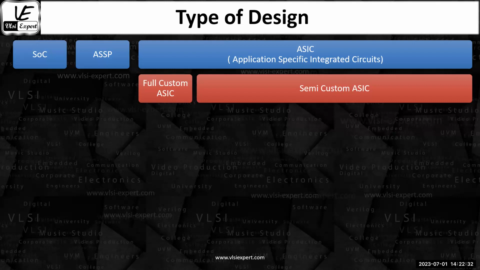I just want to achieve a particular logic functionality with the current and voltage, and I will achieve it in my layout in that particular design. So fully custom means everything you customize as per your requirement. That type of design is known as a full custom ASIC.